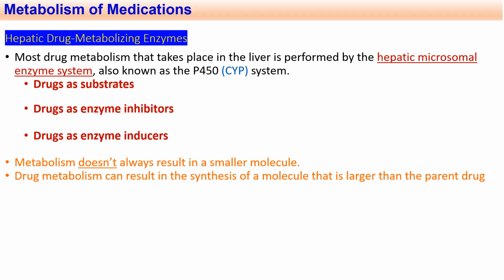I'm not requiring that you know all these abbreviations and specifics, but just to understand the concept of drugs as substrates. These are different drugs being metabolized while the liver uses the same CYP isoenzyme.